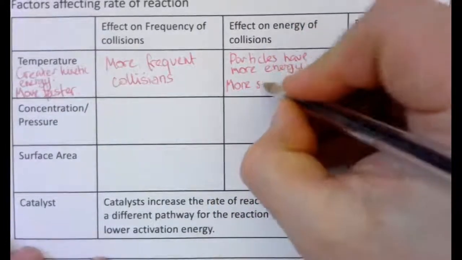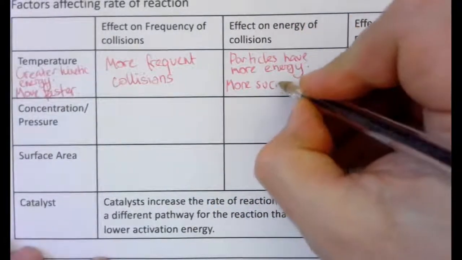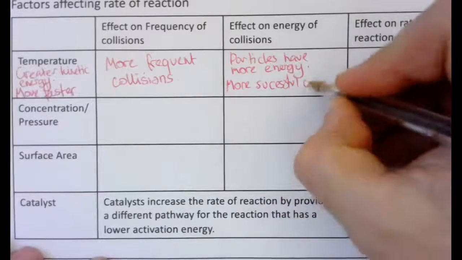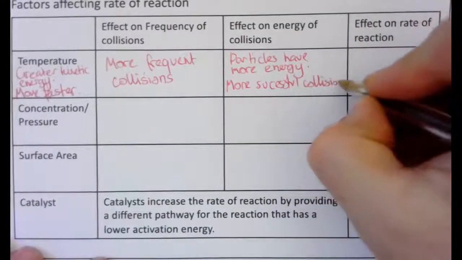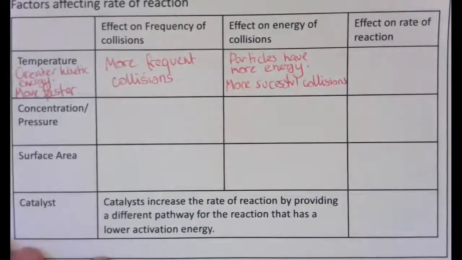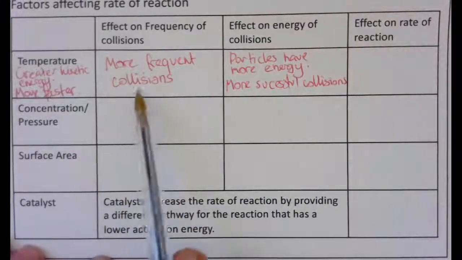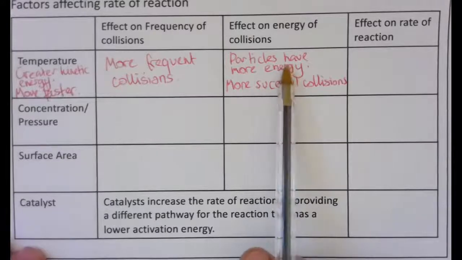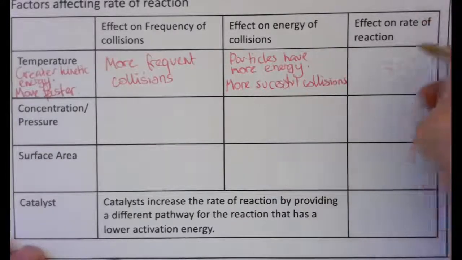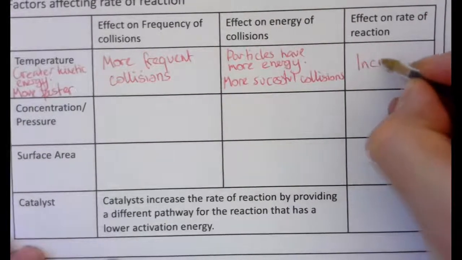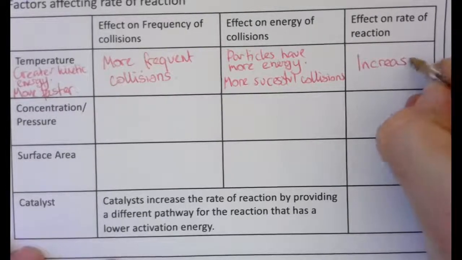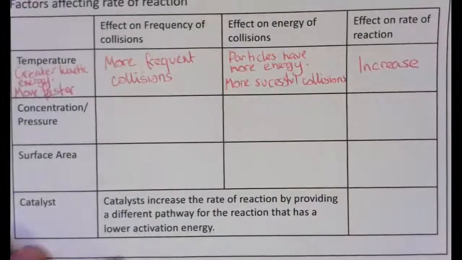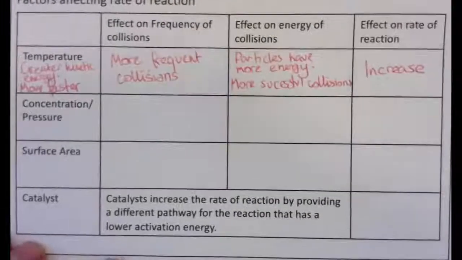So let's try and just fit this in with more successful collisions. And because we've got more frequent collisions, we've got more successful collisions because the particles have got more energy, we can say that the rate of reaction is going to increase.